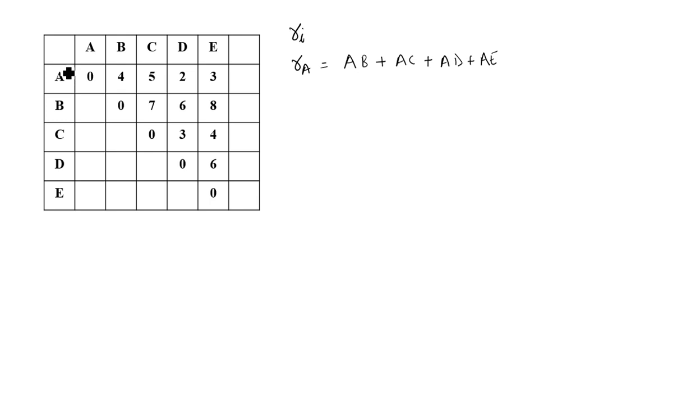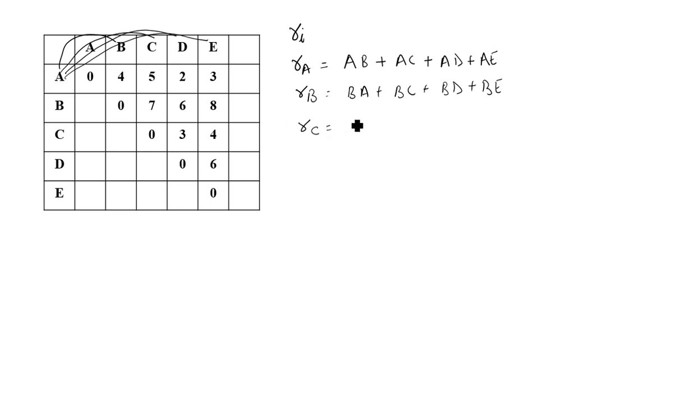I am trying to find the connections of all the nodes from my parent node. For RB, BA, BC, BD, BE.